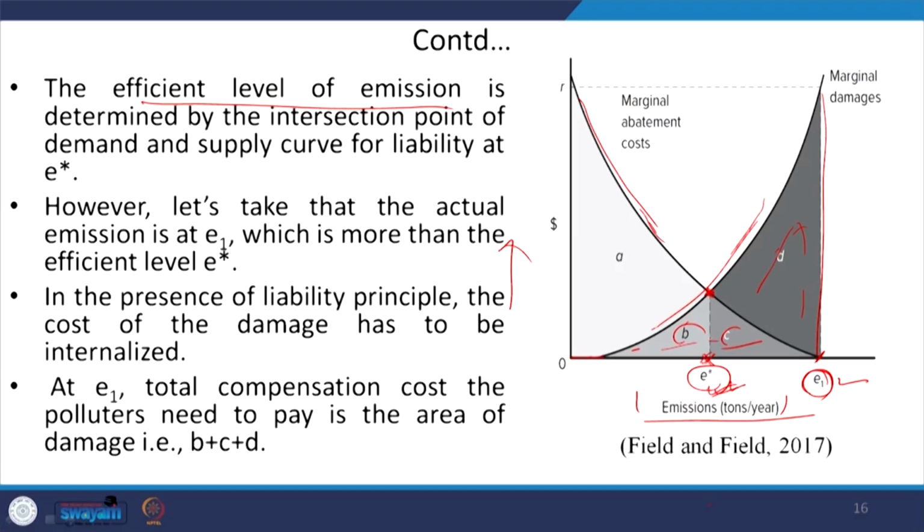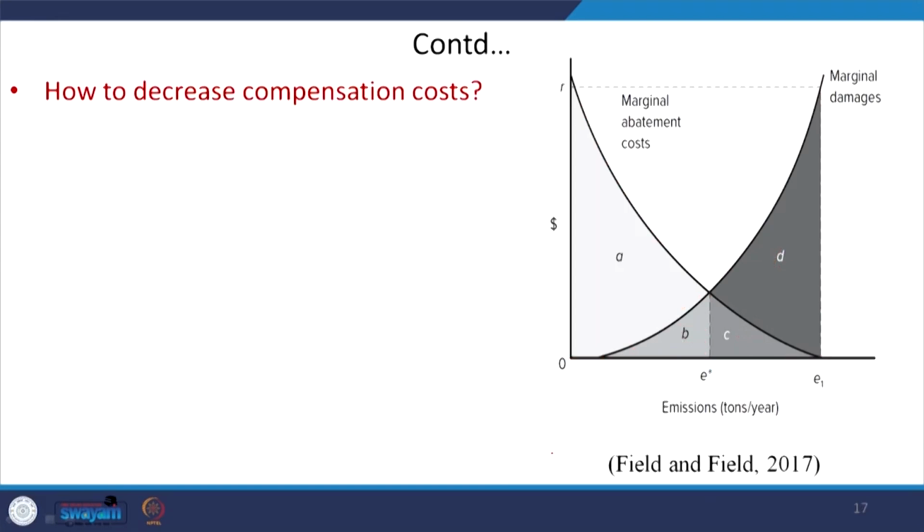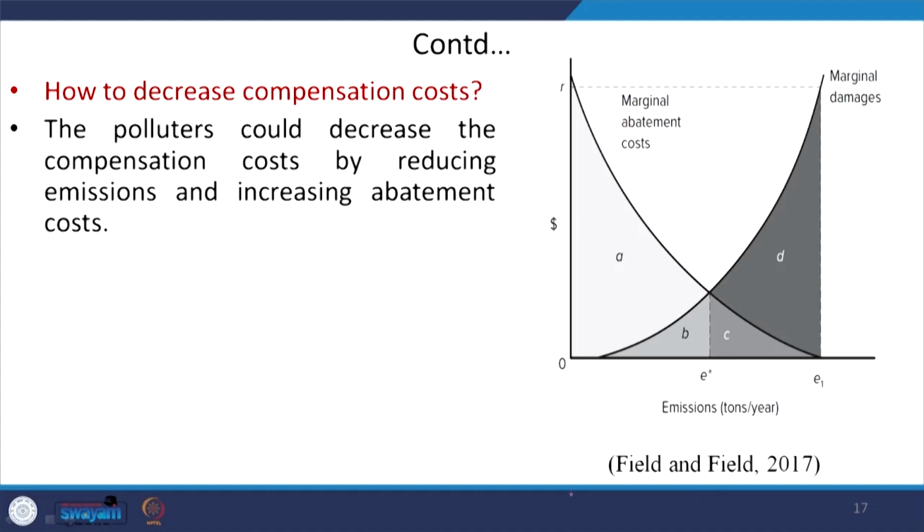That means this total damage cost needs to be compensated to the victim, or the polluters need to pay this B plus C plus D area of damage. But now the question is how to decrease this compensation cost, because obviously the polluter would be thinking about how to decrease it.